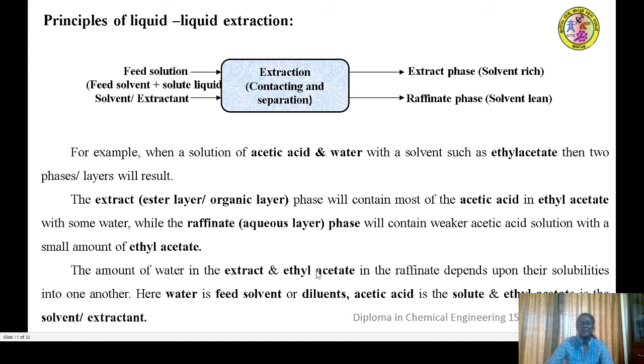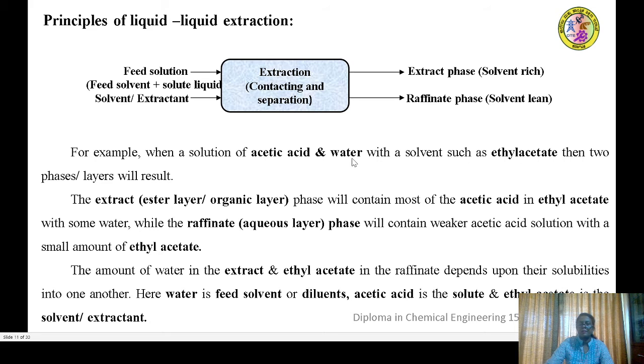The amount of water in the extract and that of ethyl acetate in the raffinate depends upon the solubilities of one in the other. In this particular example, acetic acid is very soluble in ethyl acetate, but water is very slightly soluble in ethyl acetate.